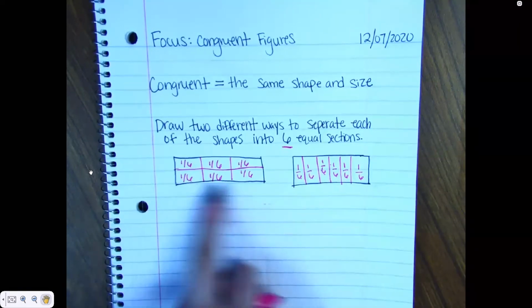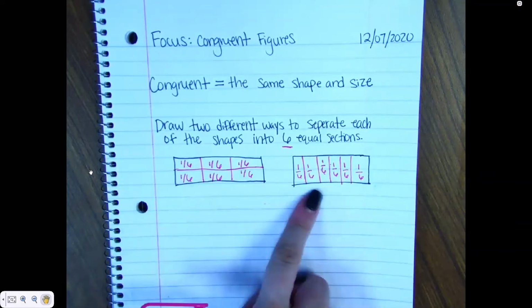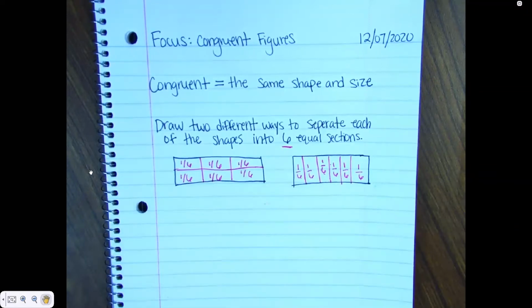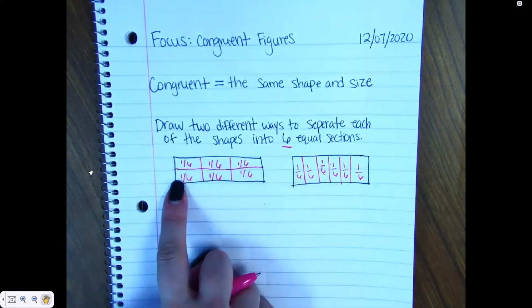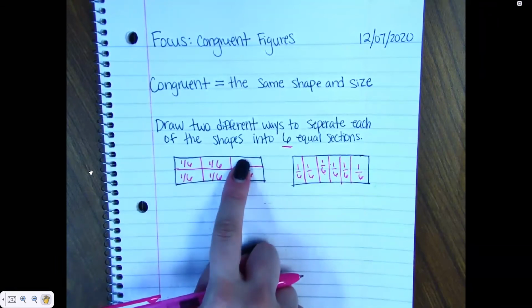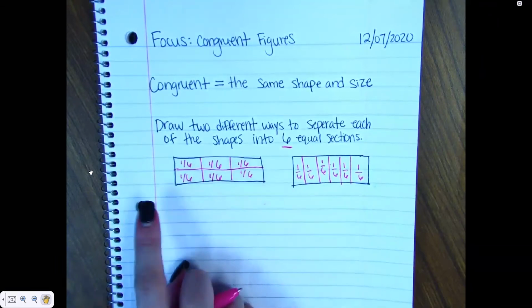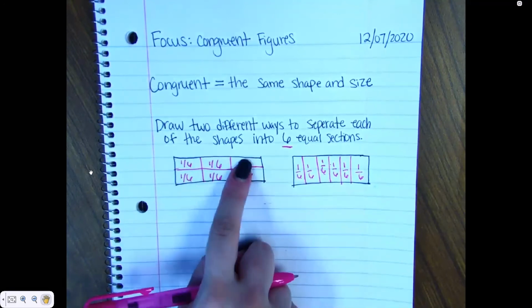Oh, that's okay if you did it different. There's a bunch of different ways to divide these up. So yours may look different. So I'm putting 1 out of 6 so you know that each of these pieces is 1 of 6 pieces, right? So this is 1 of the 6 pieces in this rectangle.